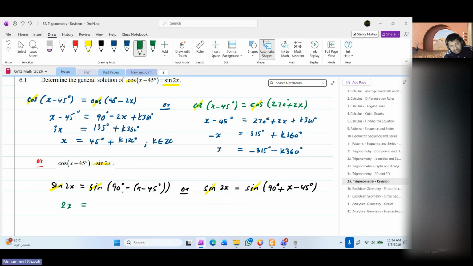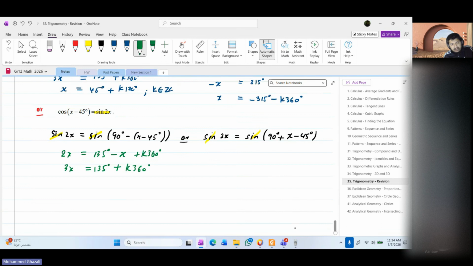So you got 90 minus, so that's 135 minus x plus K 360. The minus x comes over, it becomes 3x equals 135 plus K 360 divided by 3. You get the same answer, right?